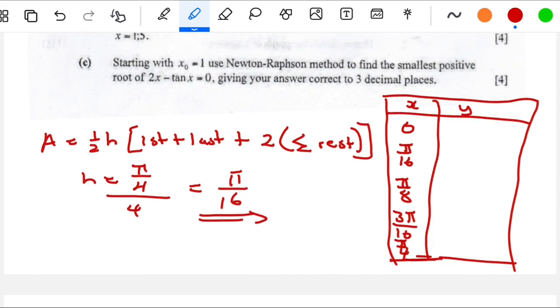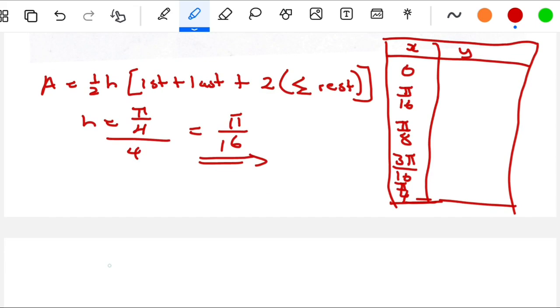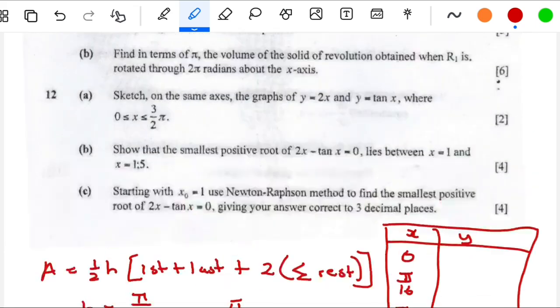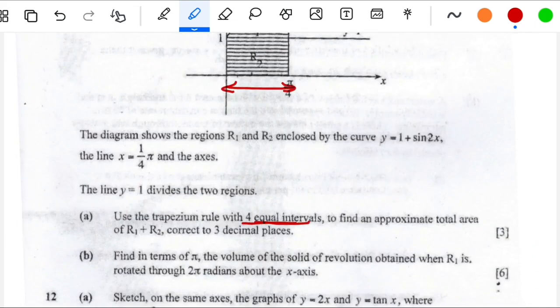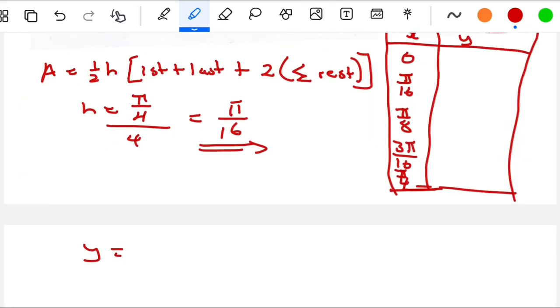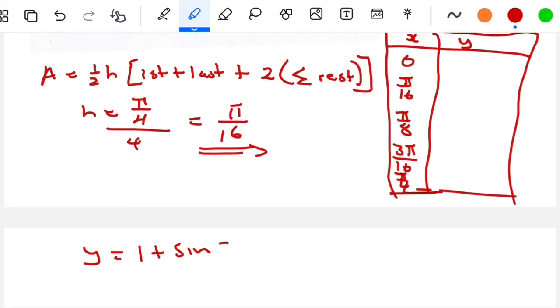So we come to our y equals, what is that function? 1 plus sine 2x. Then we substitute for x there. If you put 0 there, we are going to get 1.